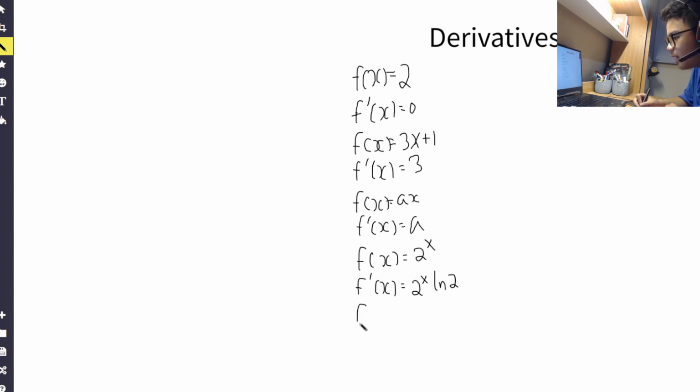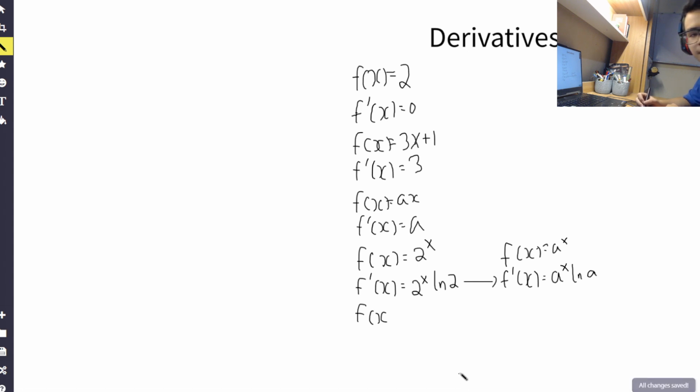In general, f of x equals a to the x, where a is a constant, has f prime of x equal to a to the x ln a.